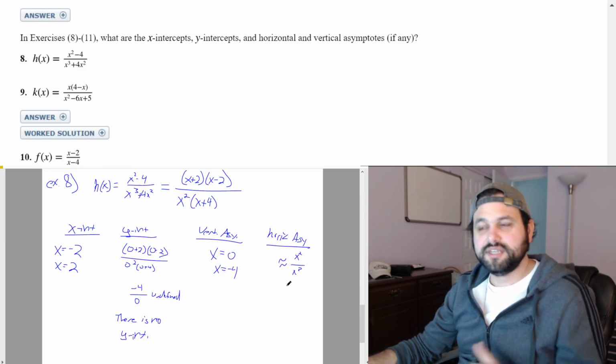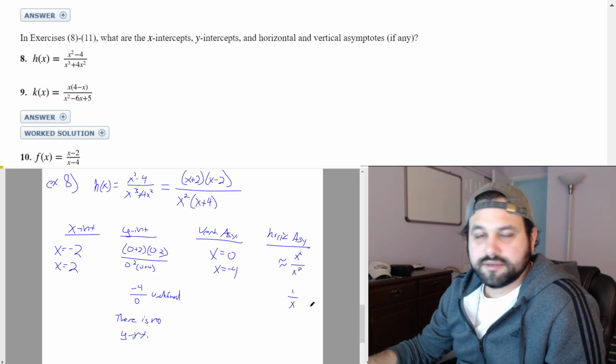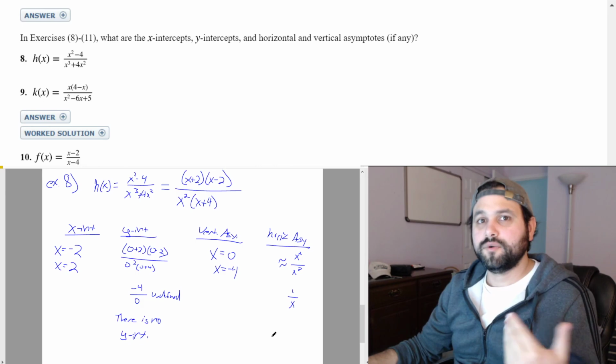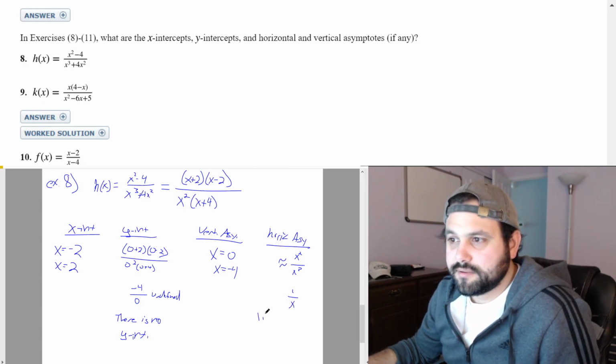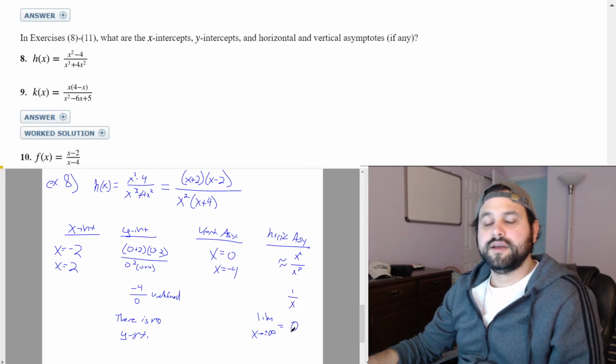Leading term over leading term. And that's going to reduce to 1 over x. So it has the same end behavior as 1 over x, which means the limit as x approaches positive and negative infinity is equal to 0, right? That variable is still in the denominator. It's going to go down to 0.